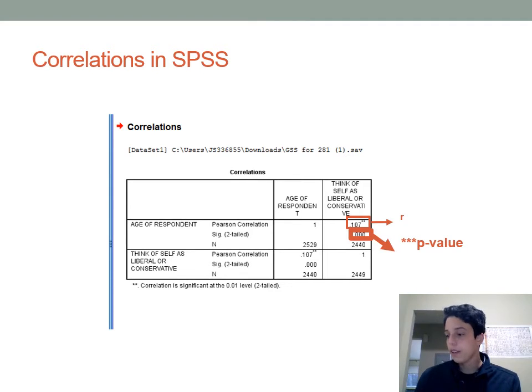So we had about 40-ish people answer the question in the class, whereas 2,500 people answered the question here. So the same correlation can give you a different p-value depending on the sample size, which is why I say that the sampling distributions depend on things like sample size. But that's as far as we're going to get into it here. So we have our R value and our P value. That's how you interpret them, and that's what it looks like when you do it on a statistical program.